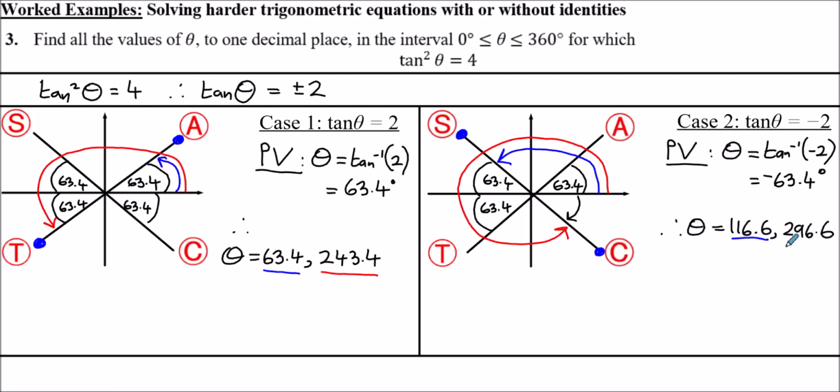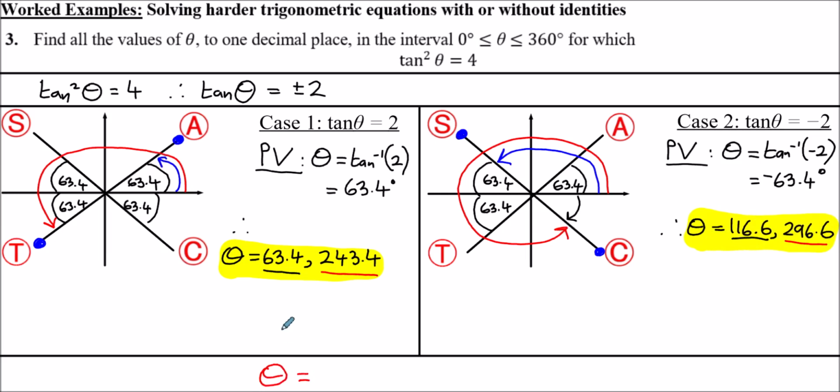Once again, we have two different scenarios to consider. The first one from case 1 is these values of theta. The other two cases from case 2 are these values of theta. We put them together into one to arrive at the full solution for what theta can be.